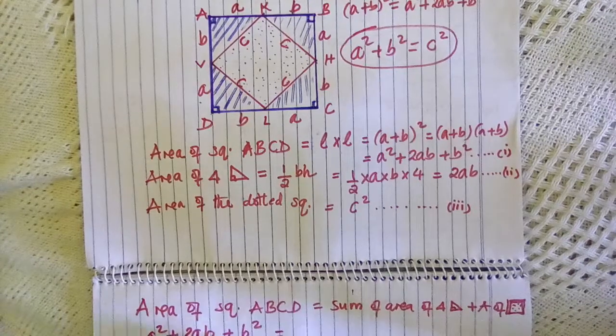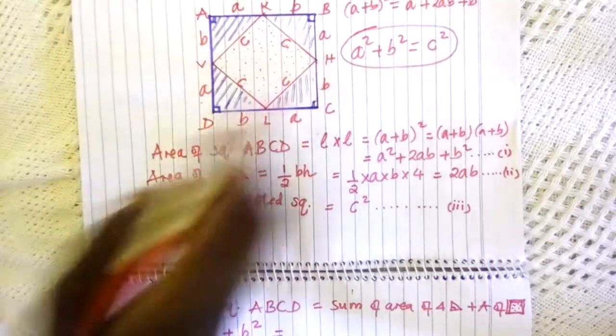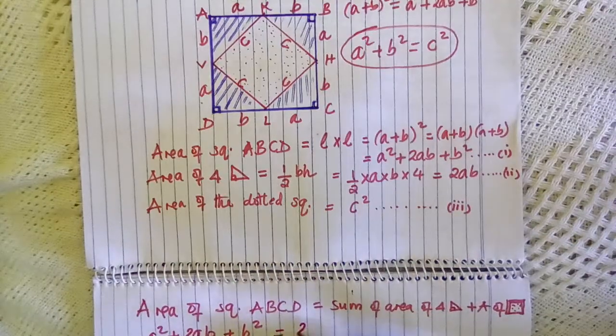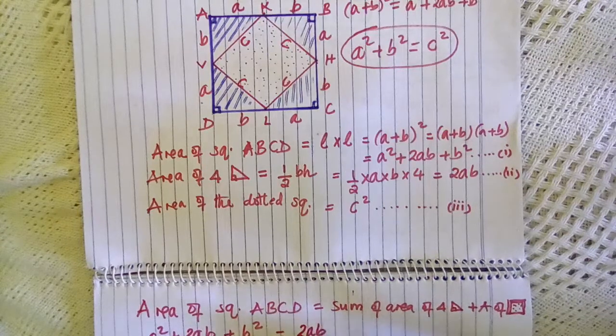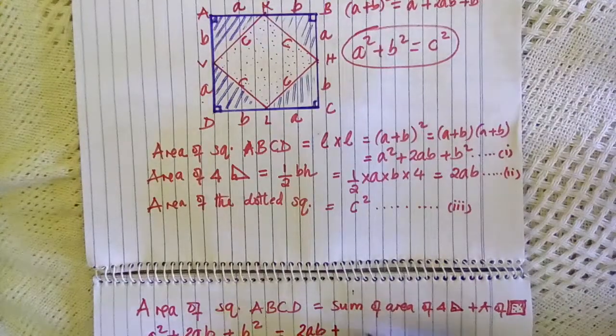So the area of the 4 right angled triangles, 1 2 3 4, is twice ab. Then we add the area of the embedded square, or the dotted square, which is c squared.